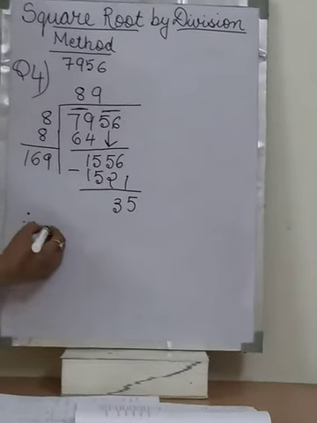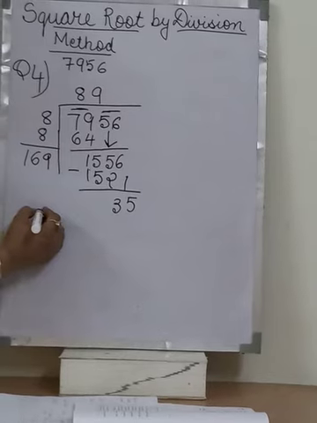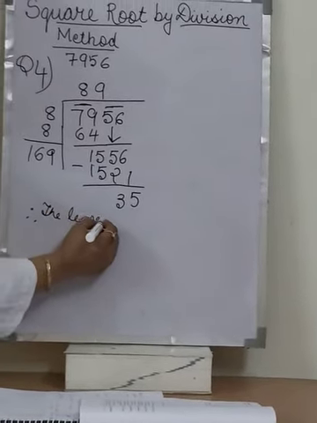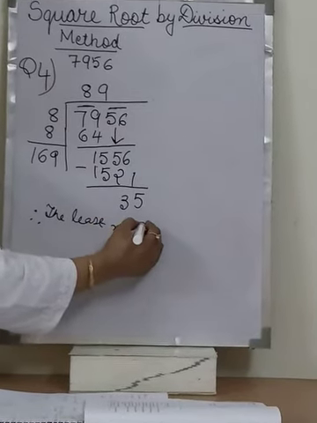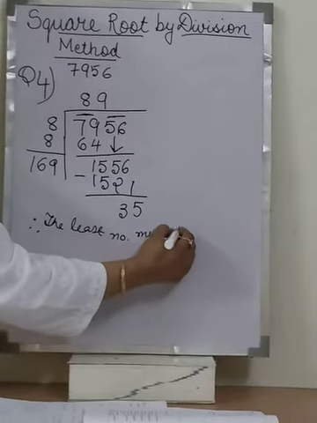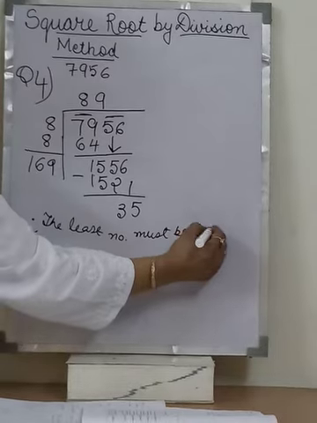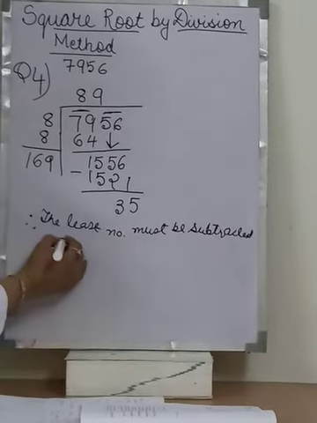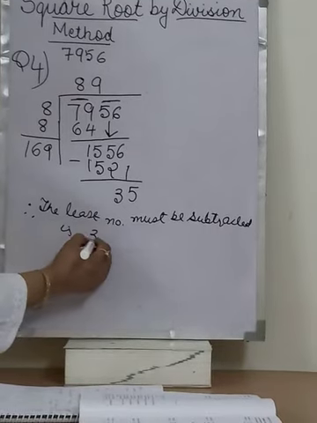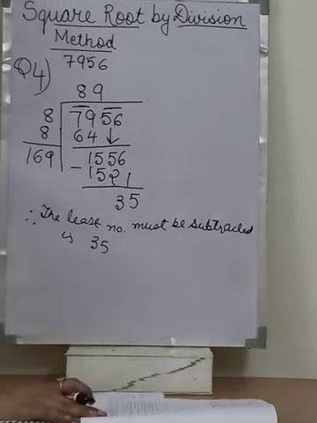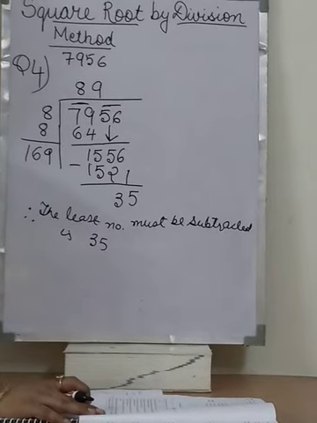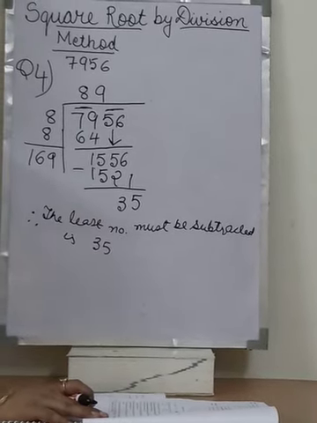So they are saying the least number that must be subtracted is 35. Okay. Now what they are saying, find this perfect square and its square root.